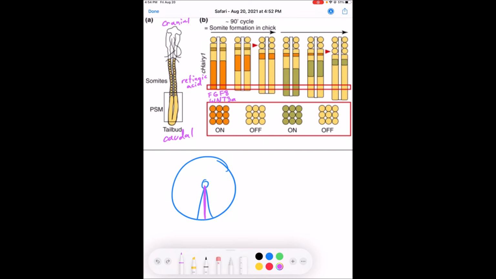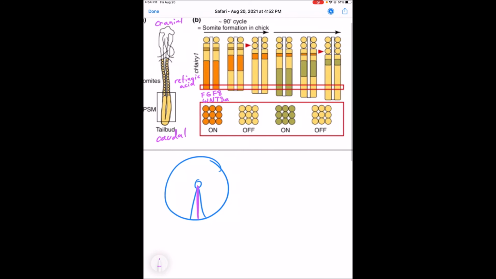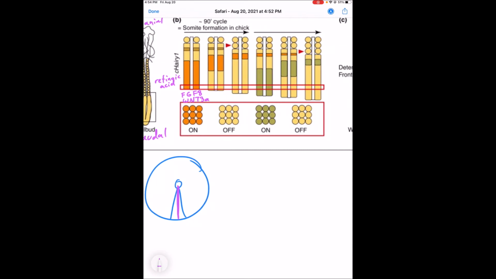So there's a wave of notch expression. If we check at a given time, initially, when FGF8 and Wnt3A and retinoic acid are being expressed in the back, that's going to induce notch throughout this orange zone.